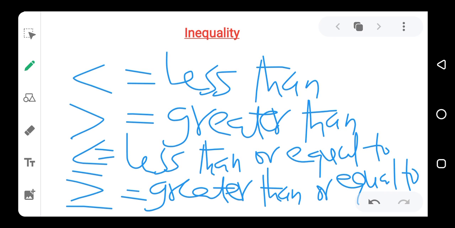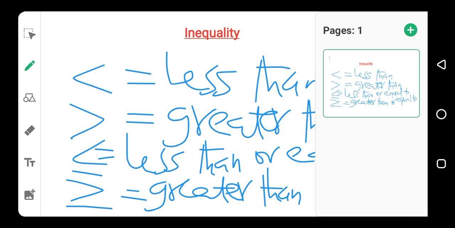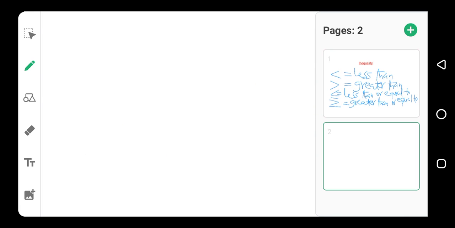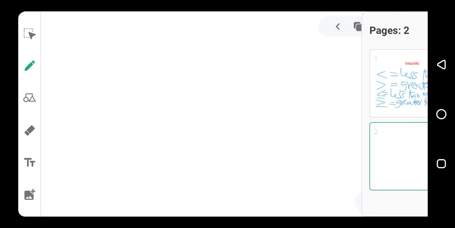If you want to solve an inequality, it is just the same way we solve normal linear equations, only that few changes are made if we change the sign in the inequality.